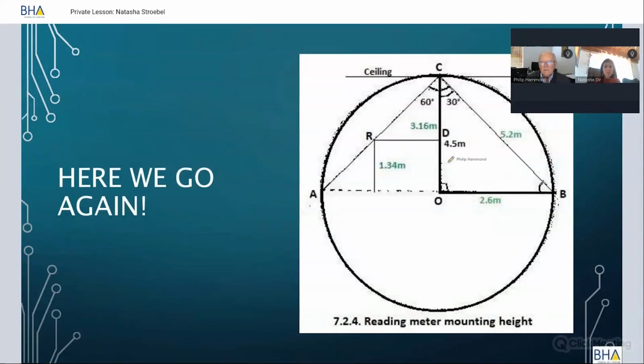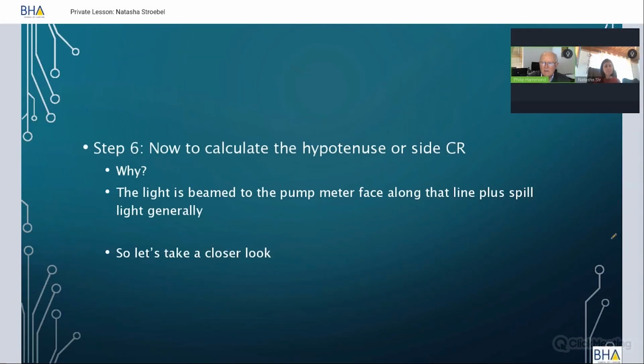okay, there's the diagram. See? I've changed it. There it is. And that's 30 degrees, remember, that I'm still working with, because of the other half of that one. Okay? 30 and 30 makes 60 degrees in total. And there you've got your pump, and you've worked it all out, and off you go.